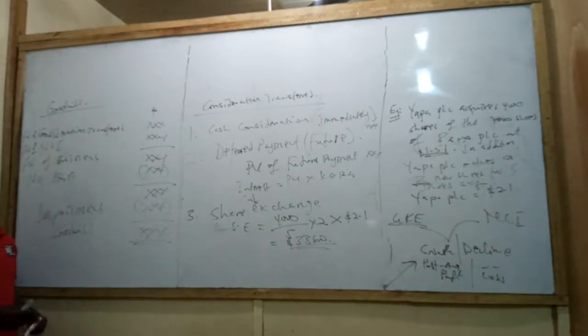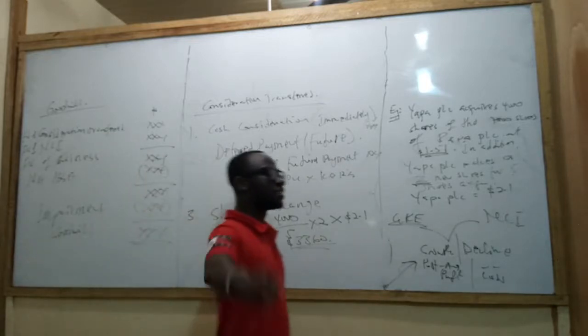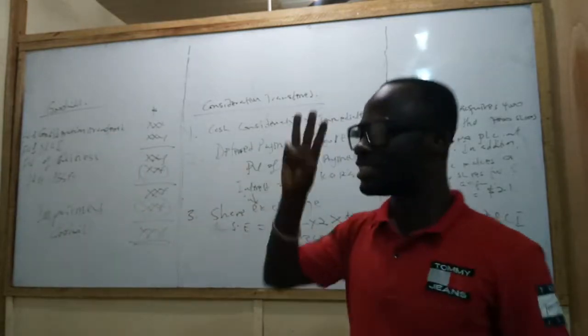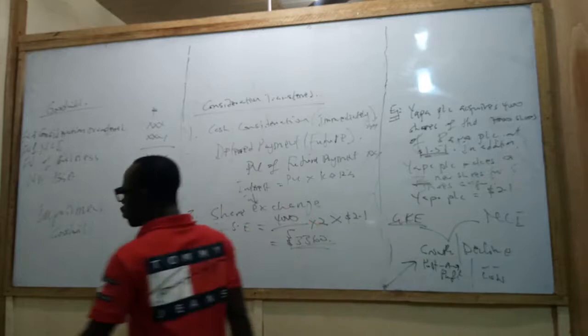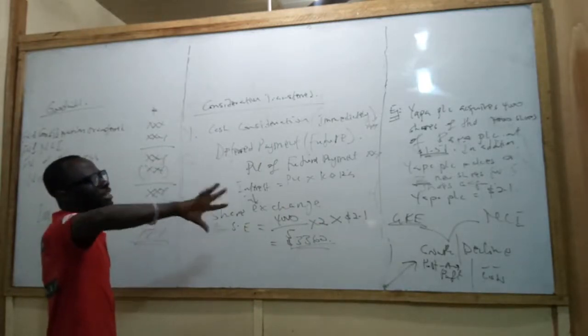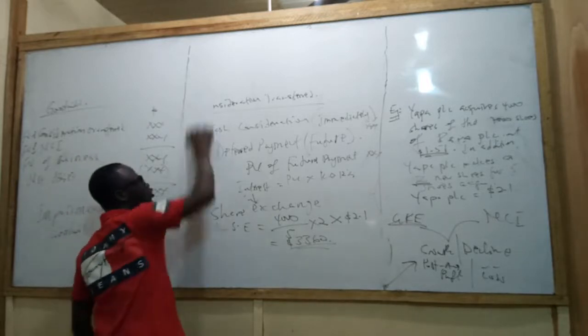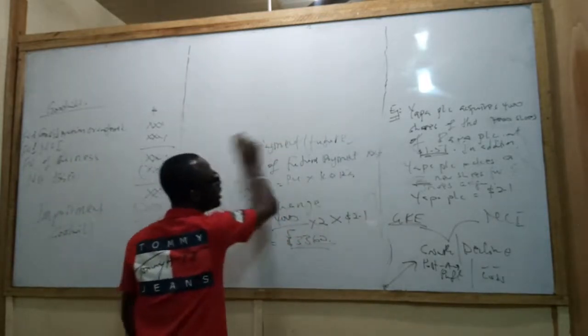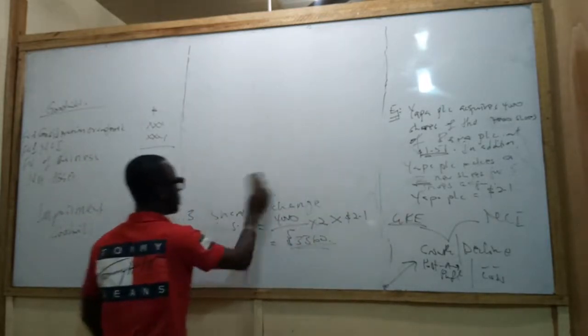How do we calculate NCI? When it comes to NCI also, there are three ways we calculate non-controlling interest. So you have to listen to the question to distinguish which of the three ways the examiner is asking about. But it's only one of them that will be present in a question.